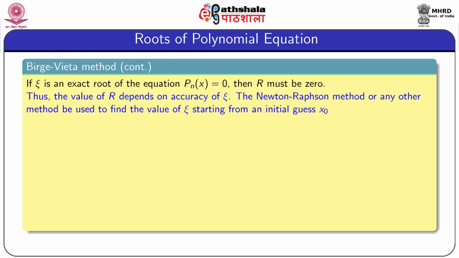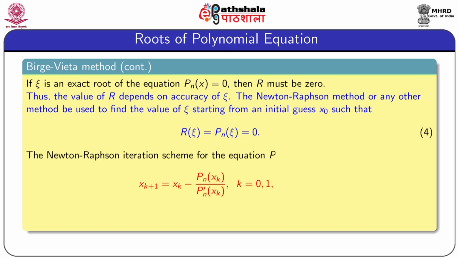The Newton-Raphson method or any other method may be used to find the value of xi starting from an initial guess x0, such that R(xi), the value of the remainder R at xi, equals p_n(xi), which equals 0. The Newton-Raphson iteration scheme for the equation p_n(x) = 0 is x(k+1) = xk minus p_n(xk) divided by the derivative of p_n at xk, for all k = 0, 1, 2 and so on.